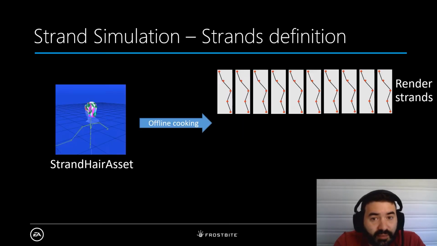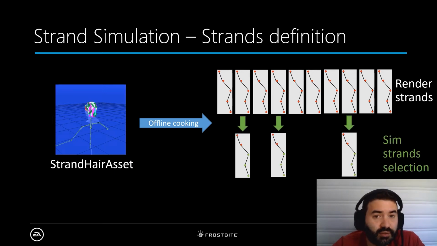In our offline data pipeline, we will tessellate these NURBS into a number of points, which means that we will basically replace the representation of the curves from NURBS into a number of segments. And these new strands, formed of points and segments, are the render strands, which we will actually render on screen.